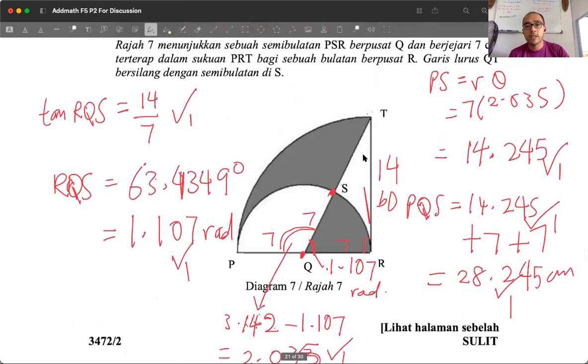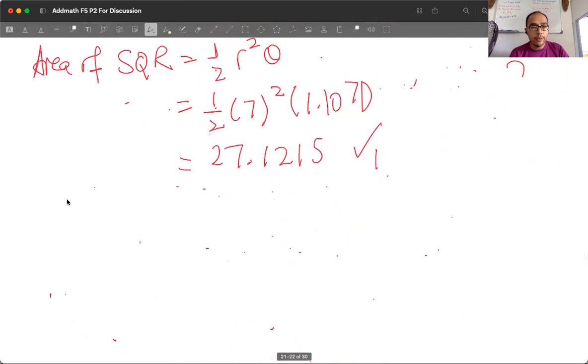First of all, kita kira this big thing. Follow me carefully. Kita kira sector ini, the whole thing, minus the triangle, minus this sector. Three steps.